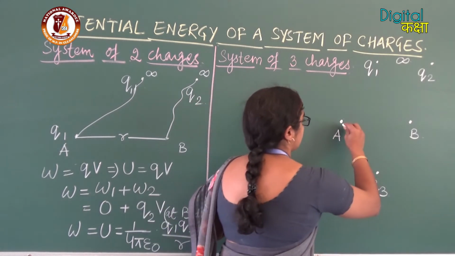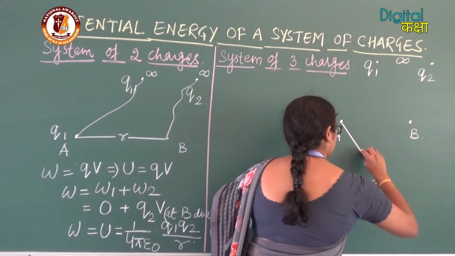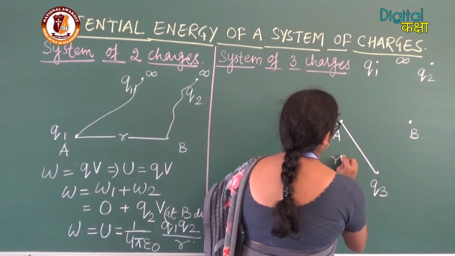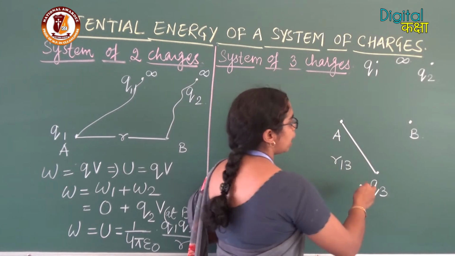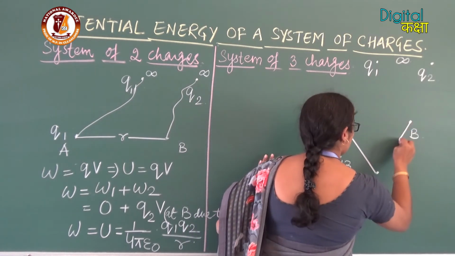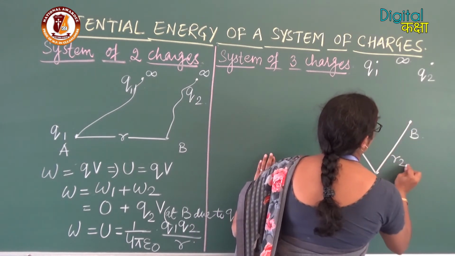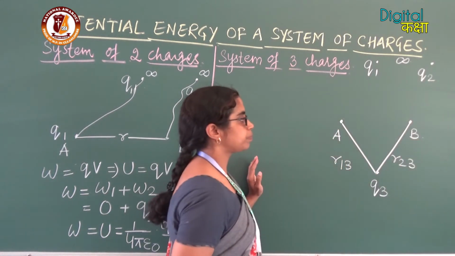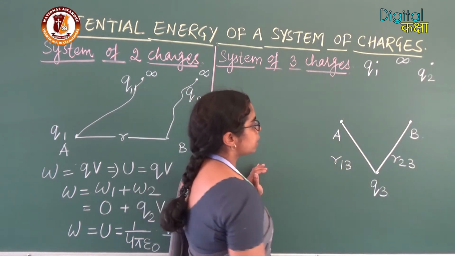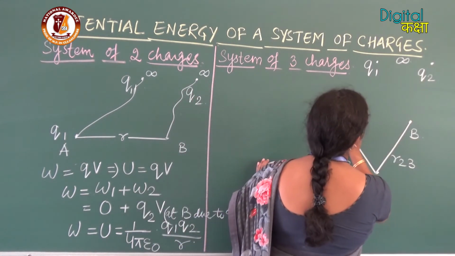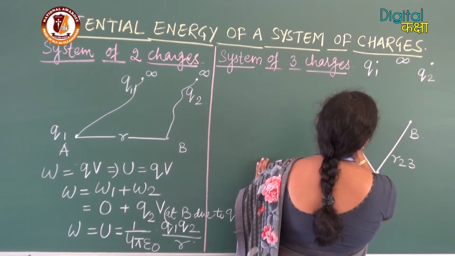Let us take the distance of Q3 from A to be R13 and the distance of Q3 from B to be R23.